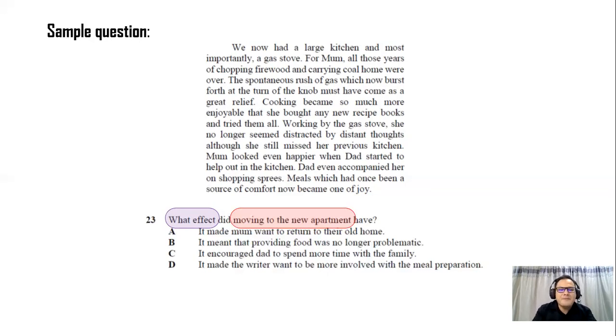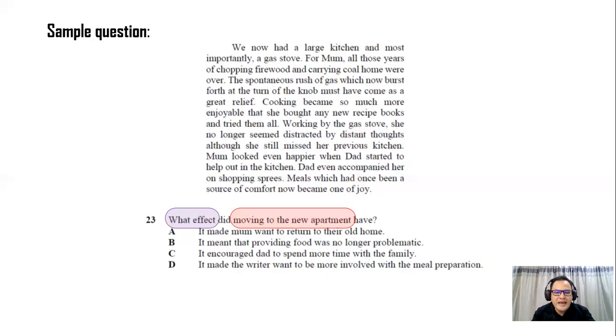A, it made mom want to return to their old home. B, it meant that providing food was no longer problematic. C, it encouraged dad to spend more time with the family. And D, it made the writer want to be more involved with the meal preparation.